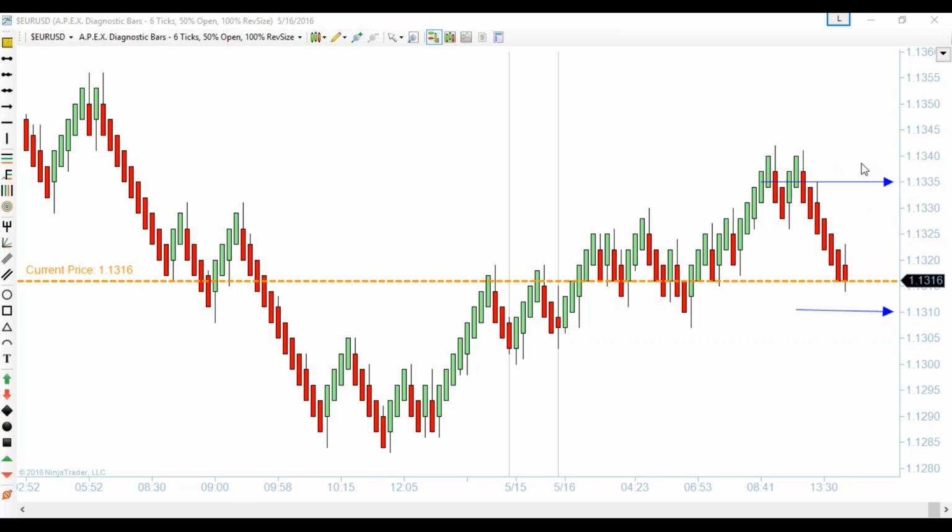But if I'm selling a binary up here, when you sell a binary, you're saying the market will be below it. And the market's already below it. So technically, what if I sold a binary up here in the money, and I bought a binary down here in the money at the same exact time? Two different binaries.